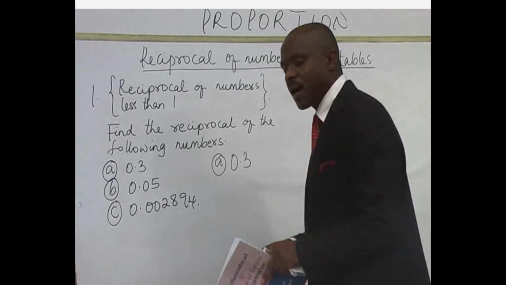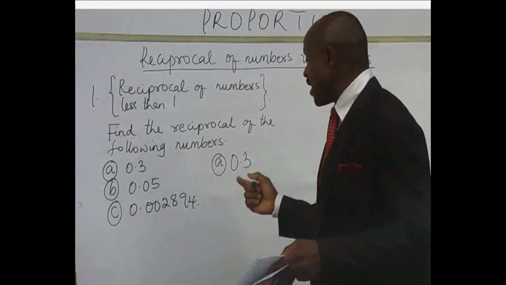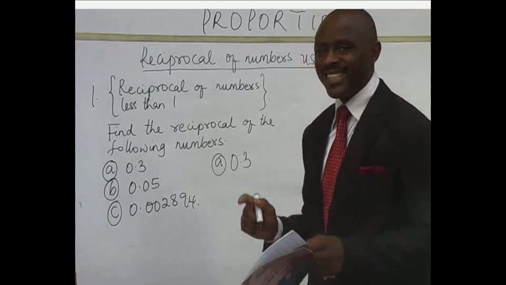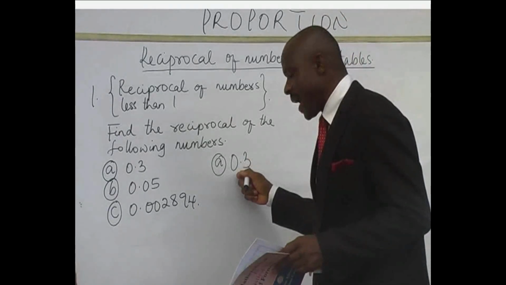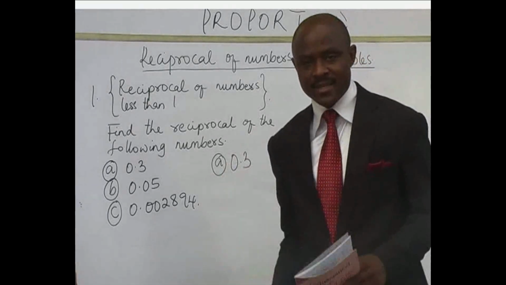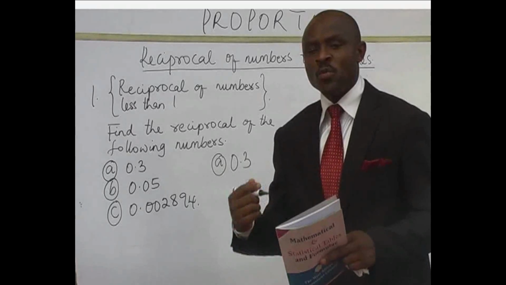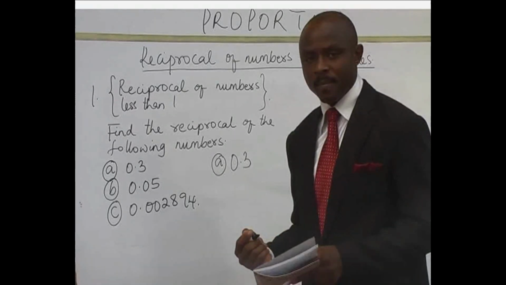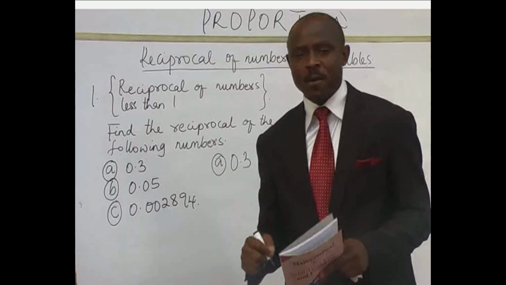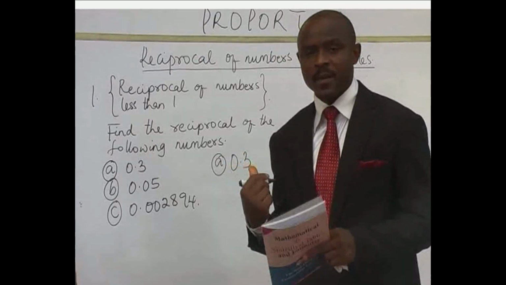Find its reciprocal. When you are given something like this, what you are going to do first is change this number to standard form, or rewrite it to be in standard form. That was why I first treated standard form before this topic.